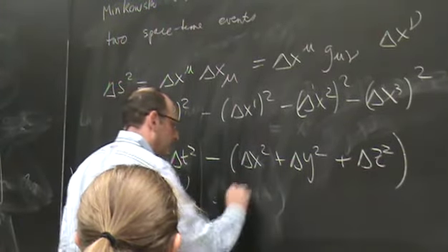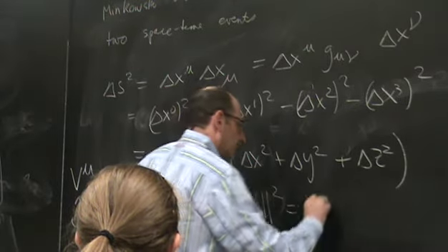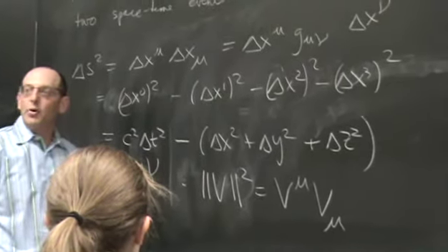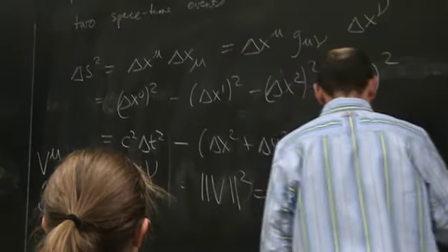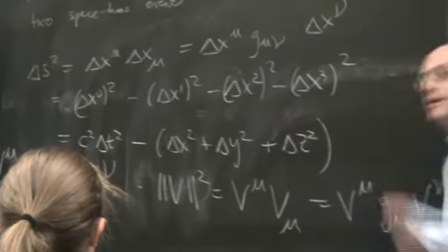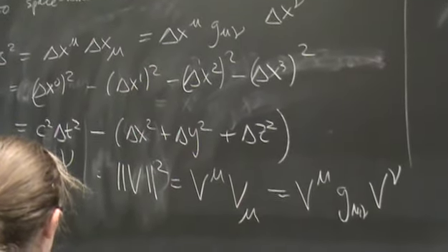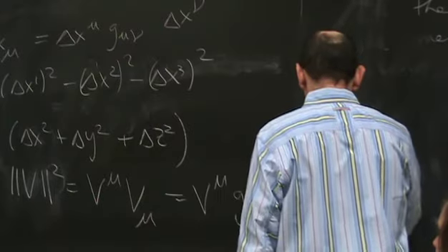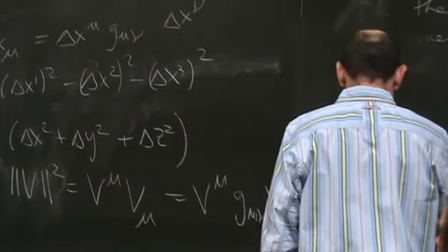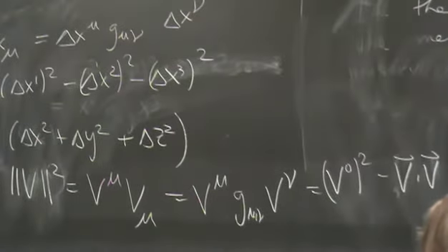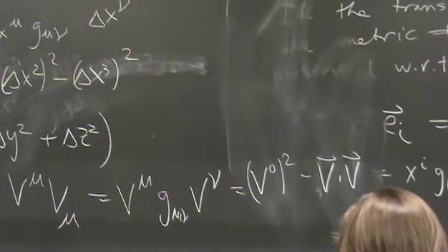And its norm squared is the scalar product with one upper index and one lower index, which is Lorentz invariant.